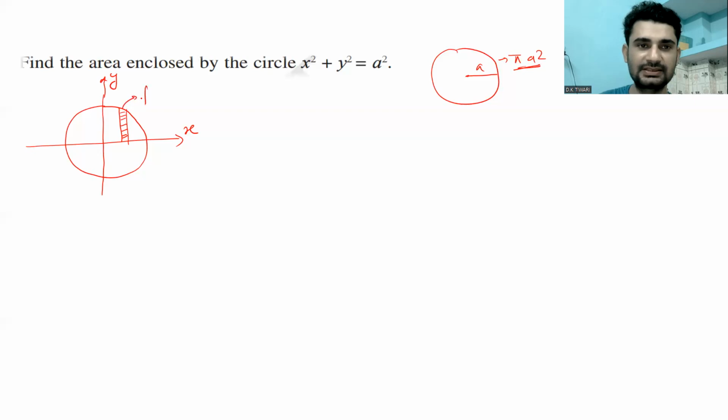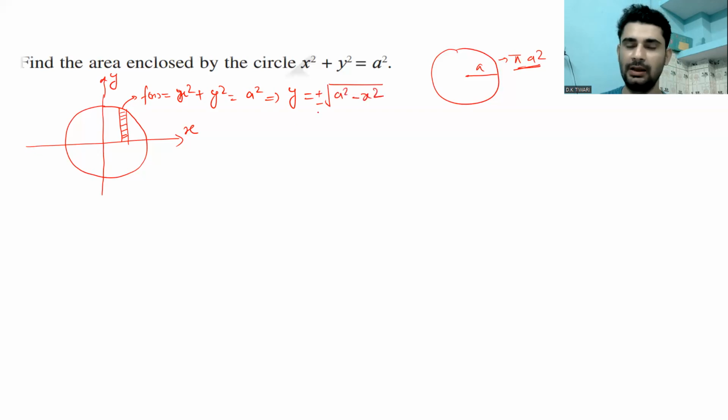This is the function f(x), and that is y. x square plus y square is equal to a square. Find the value of y: y equals plus or minus under root a square minus x square. But in the first quadrant, we just take the plus value.